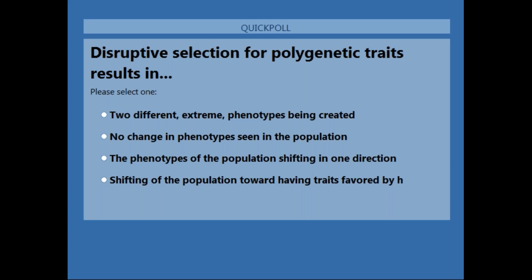Disruptive selection for polygenetic traits results in what? So is disruptive selection when we get two different extreme phenotypes? No change in phenotypes? The phenotypes all shift in one direction? Or it shifts towards having traits favored by humans?